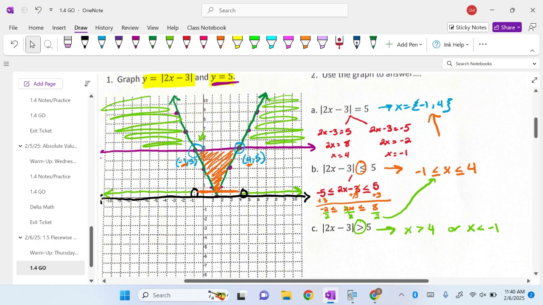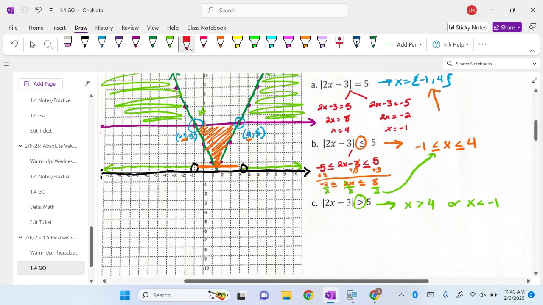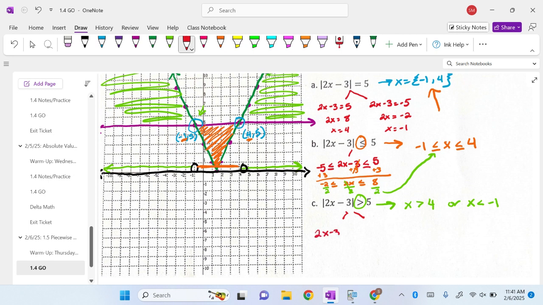So if we solve this algebraically, the absolute value is isolated, so I can go ahead and separate it. Remember, I told you to write the inequality again as is, just without the absolute value symbol. So 2x minus 3 is greater than 5.